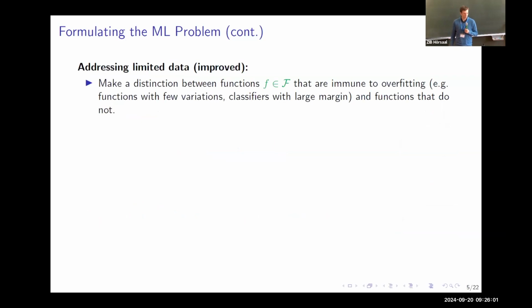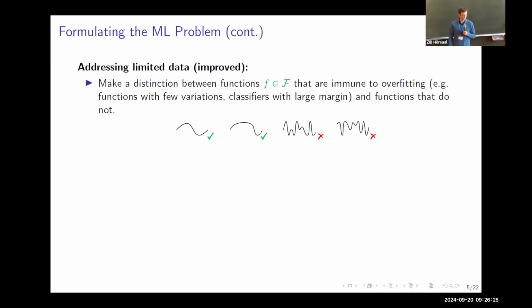Functions that are immune to overfitting might be, for example, functions that have few variations. It's very difficult to fit every data point using, for example, a constant function. And also you are kind of sure that it will generalize better. So you will define this set of functions, calligraphic F, which you see here in green.